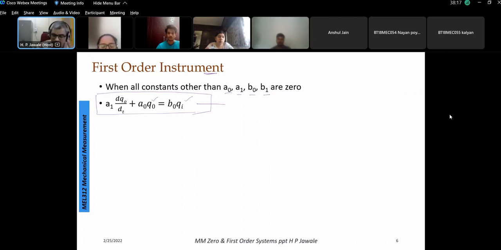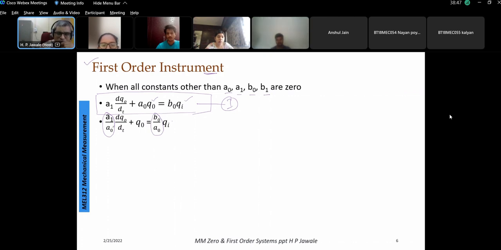So whenever we receive this kind of equation from the instrument or the measurement system, we will call that a first order system. Now, if we simplify this further, we can write it in this form: the constant A1 upon A0 times dQo by dt plus Qo is equal to the proportion B0 by A0 times Qi.